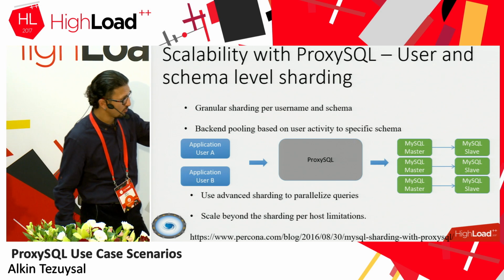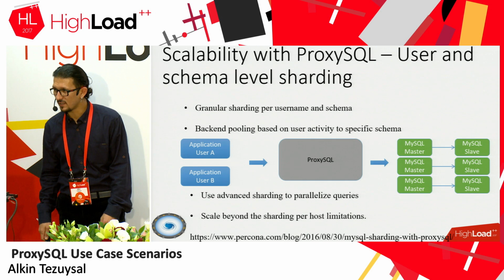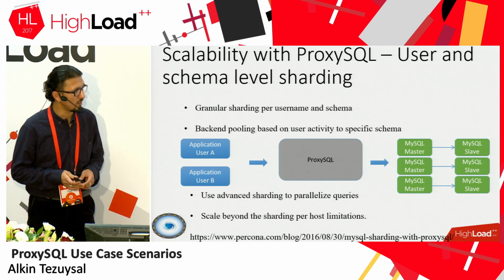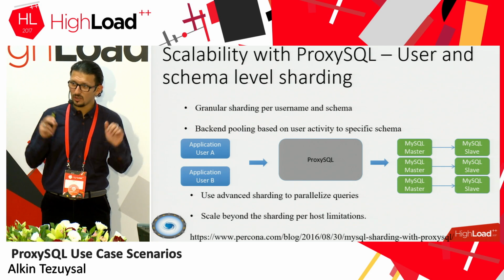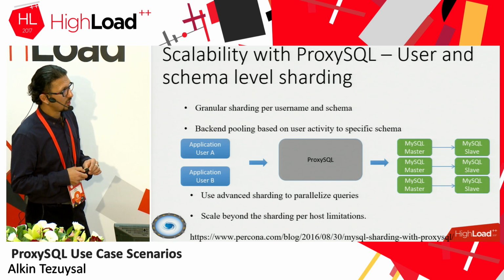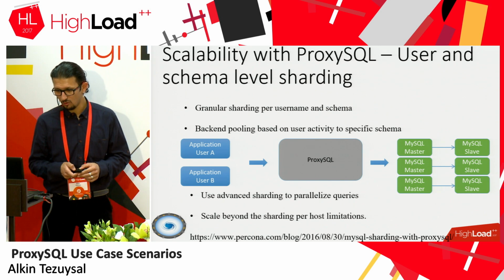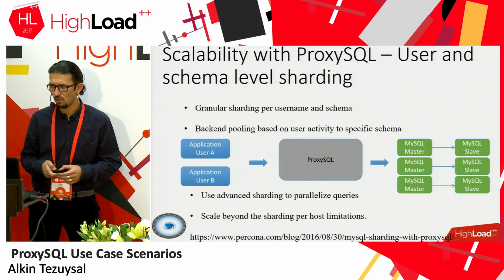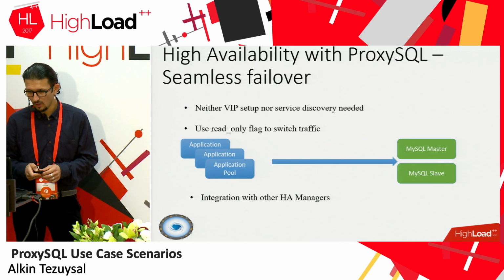There is another blog post here, probably written by Marco, and it has the POC and explains how this can be implemented and how it can benefit. He created a nice use case scenario for illustrating the details of the sharding. So I recommend going and looking into that. I think there will be a new version of that also. He was blogging about it, but this was the one I looked up recently.